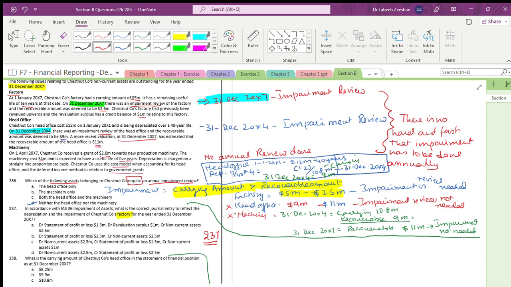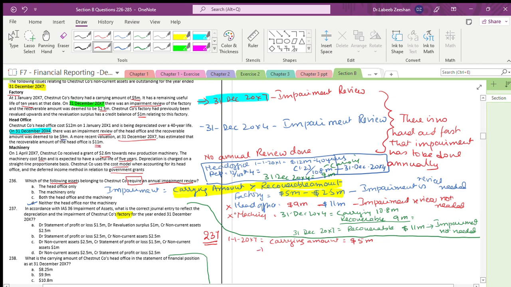As on 1/1/2007, how much is the carrying amount? The carrying amount is 5 million.